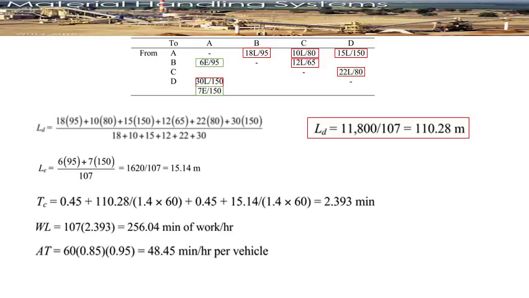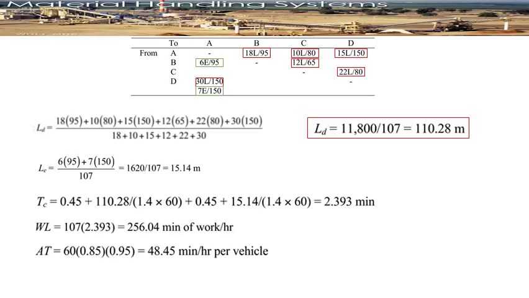The AT value is going to be 60 multiplied by 0.85 multiplied by 0.95 that we had from the availability and the other factors. So if we are going to have an efficiency, then we have to add it in this equation. And the AT value is going to be 48.45 minutes per hour per vehicle required to do all the deliveries.